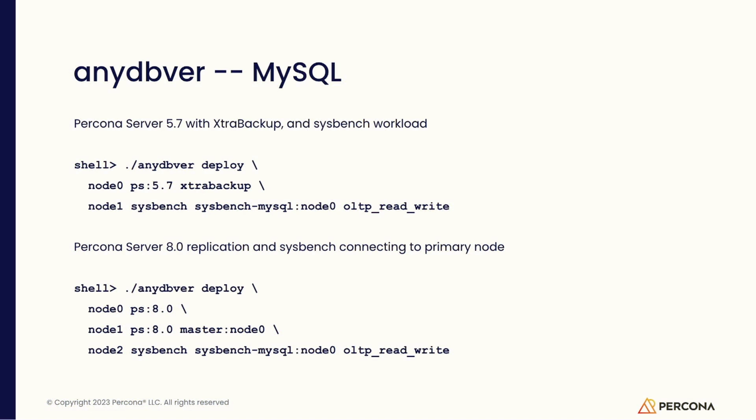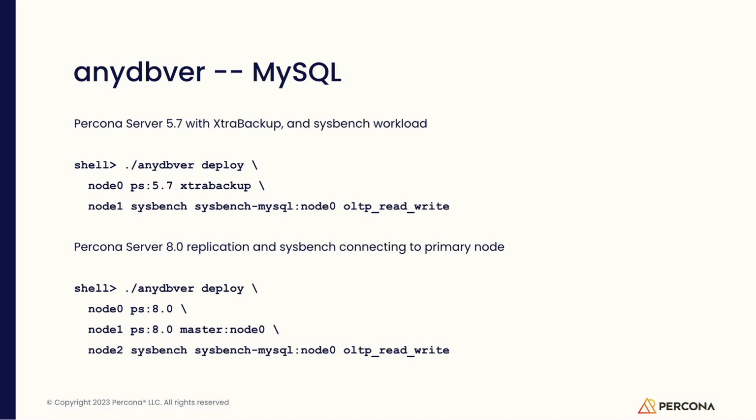It will install sysbench, and it will configure sysbench to run against node 0, using the OLTP read-write benchmark. It will create a script that you can use for the run, but the sysbench prepare will already be done by dbdeployer. So yeah, this is amazing. Nikolai is the best.